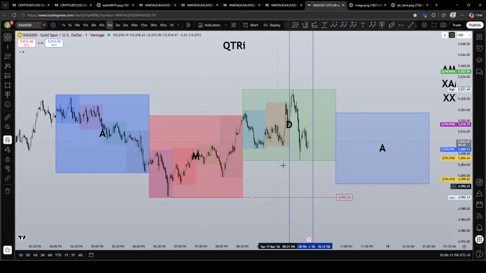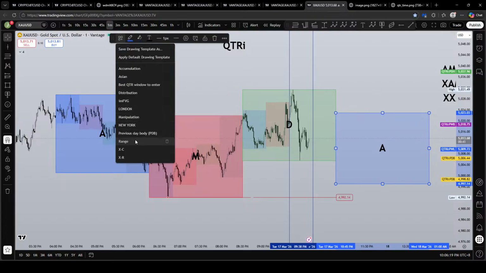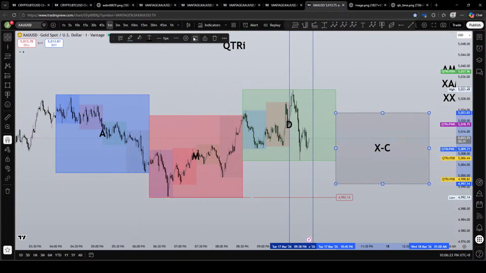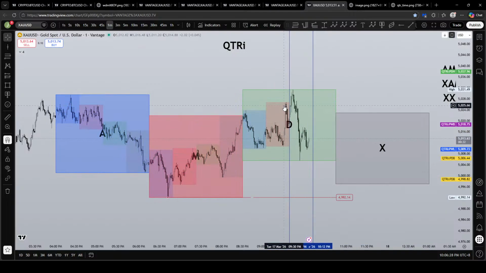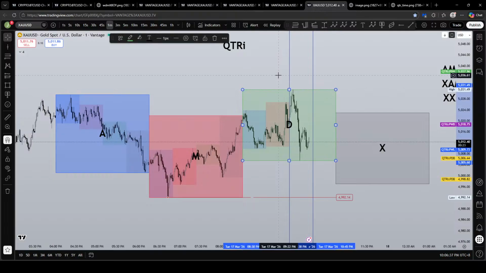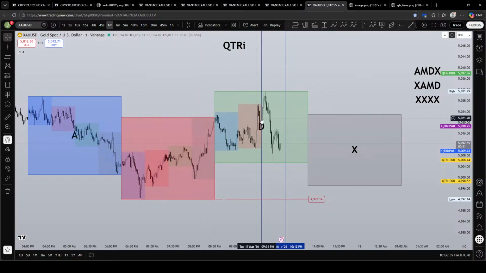But if ever this one breaks the low of your manipulation, then this AMDX structure should no longer be considered. Why? Because if the third quarter creates a new low here, then the third quarter will now be switched from a distribution into a manipulation.